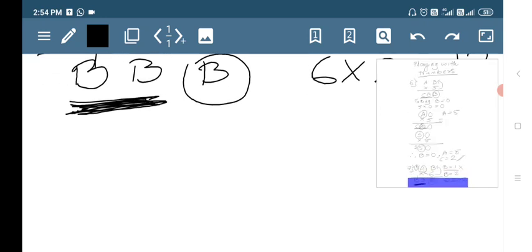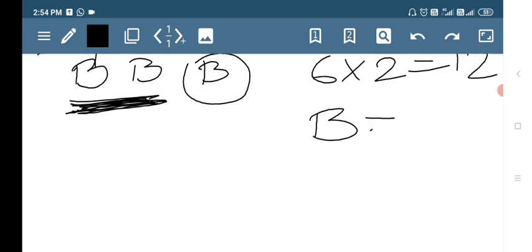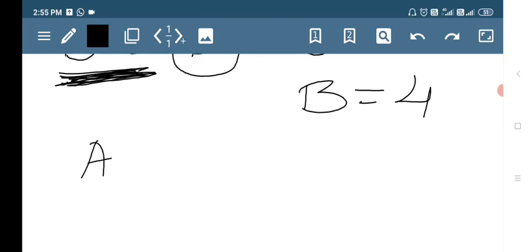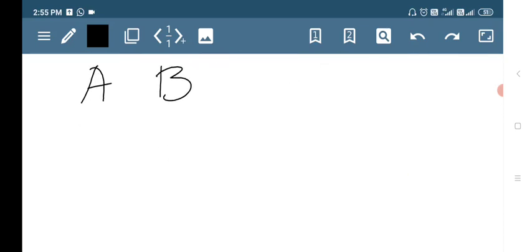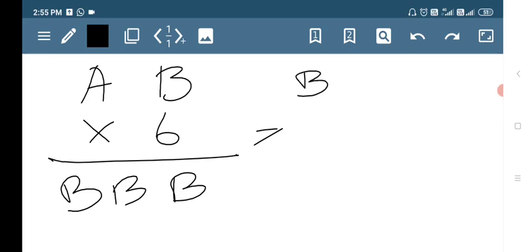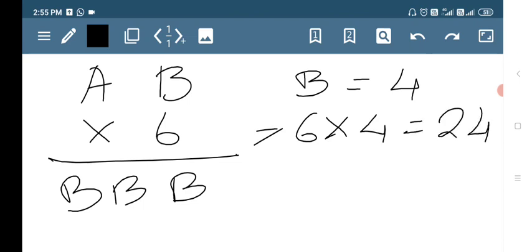Now next number, let us try with B is equal to 4. AB into 6, right? In the place of B, we will try B is equal to 4, then we will get 6 into 4 is equal to 24. So here also 4, because of the ones place of 4.